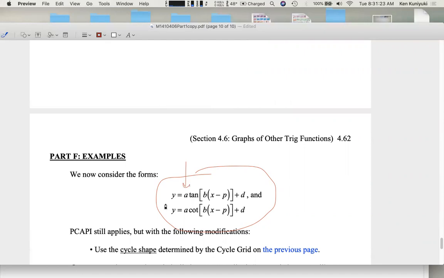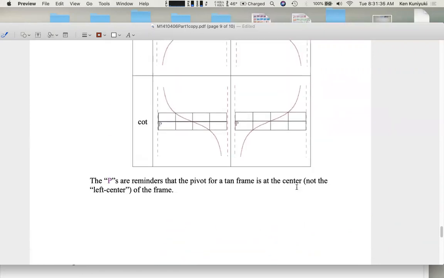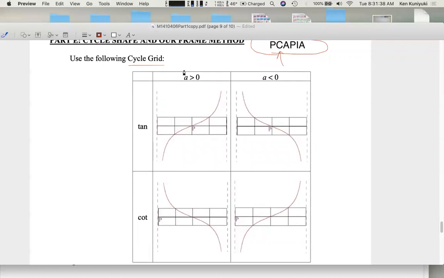We're going to graph equations of these forms here. A is like a coefficient before tangent or cotangent, and it matters, like before, if A was positive or negative. A cannot be zero. If A is positive, then all is good. We have rising tangent snakes and falling cotangent snakes.